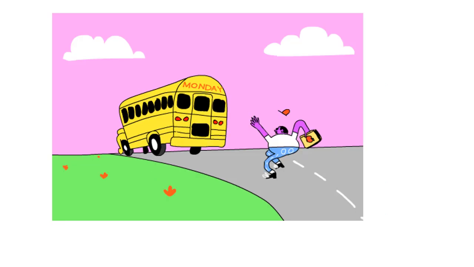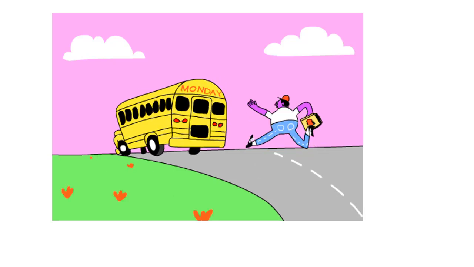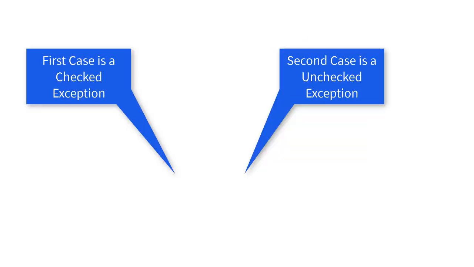Let us see one more example. Here, a passenger is running behind the bus to catch it, but the person failed to catch the bus. This is again a part of an exception. In both cases, the failure is the reason for the exception.